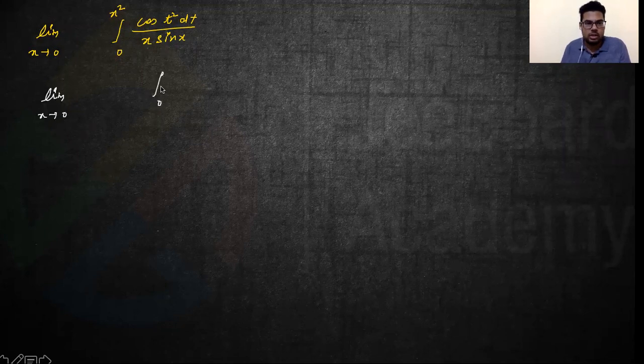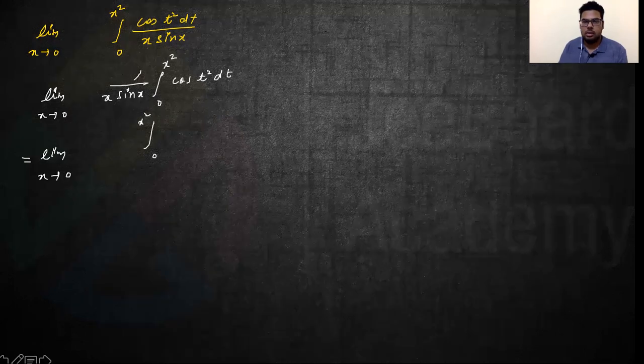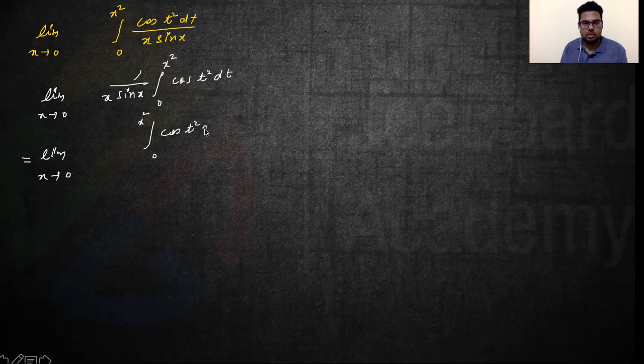So you can take this out as x sin x because we are integrating with respect to t. We can write it in one step in terms of numerator and denominator so that it becomes easier for us to apply the Leibniz rule or the L'Hopital rule. Cos of t square dt is the numerator, x sin x is the denominator.